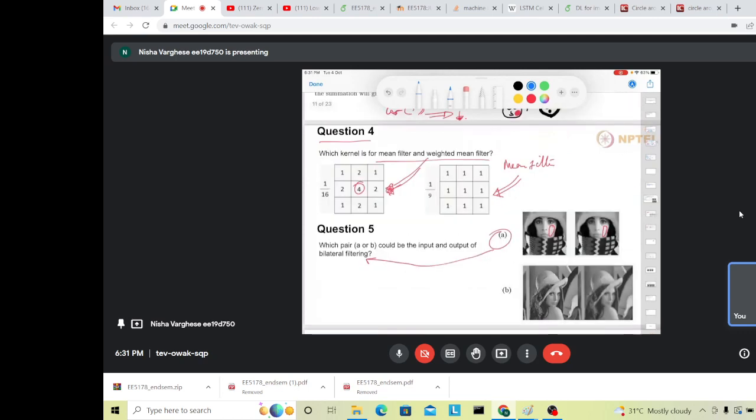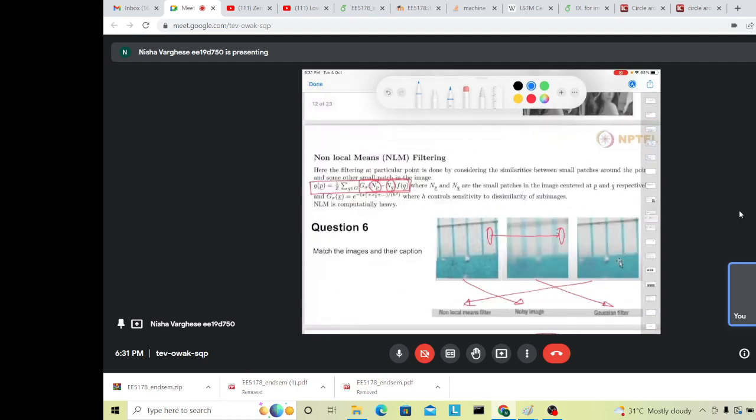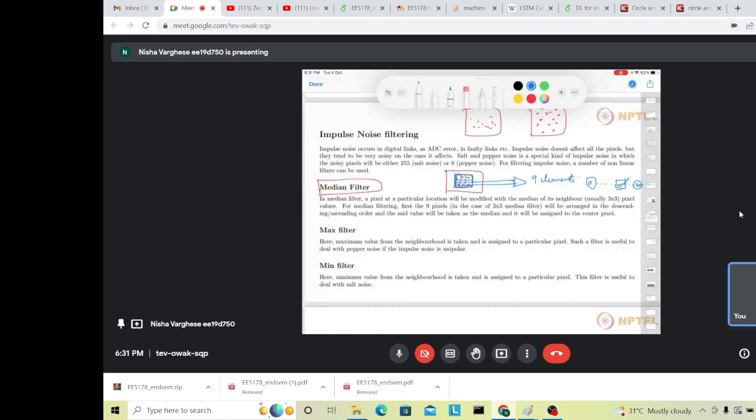If you take the median value, that median will be a clean pixel and that will be given to the center pixel. So if you take the median of those 9 values, salt and pepper like noise can be reduced.